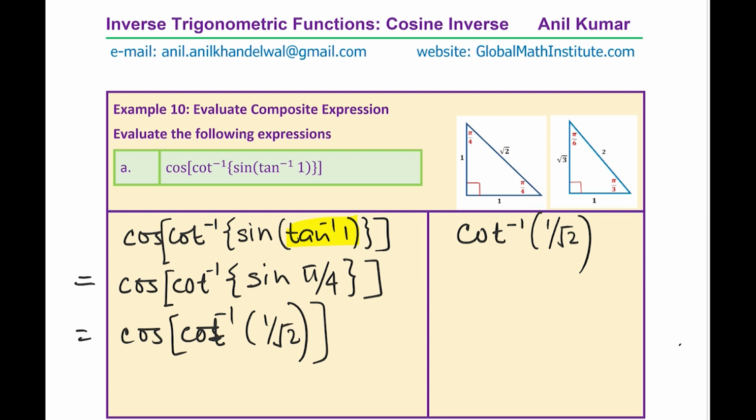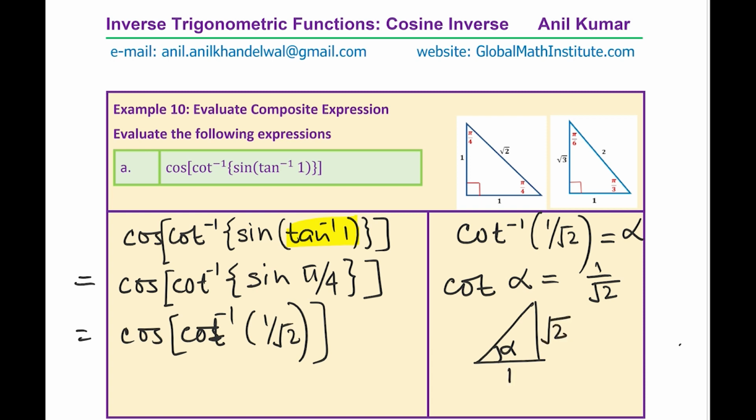Let it be equal to, let us say, alpha. That means cot of alpha is equal to 1 over square root 2. So let's say this is alpha for us, and cot alpha is 1 over square root 2. That means this side is 1 and that is square root 2. Is that clear to you? Do you understand? Cot of alpha is 1 over square root 2.